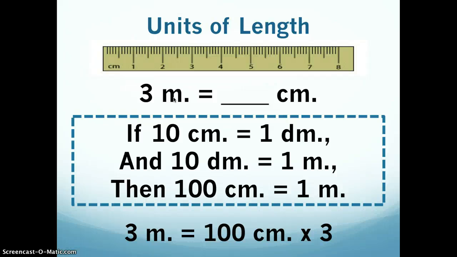So if we know that 100 centimeters is equal to 1 meter, 200 centimeters has to equal 2 meters, which means 300 centimeters must equal 3 meters. To do that in an easier way, just multiply 100 centimeters times 3. You end up with 300 centimeters.